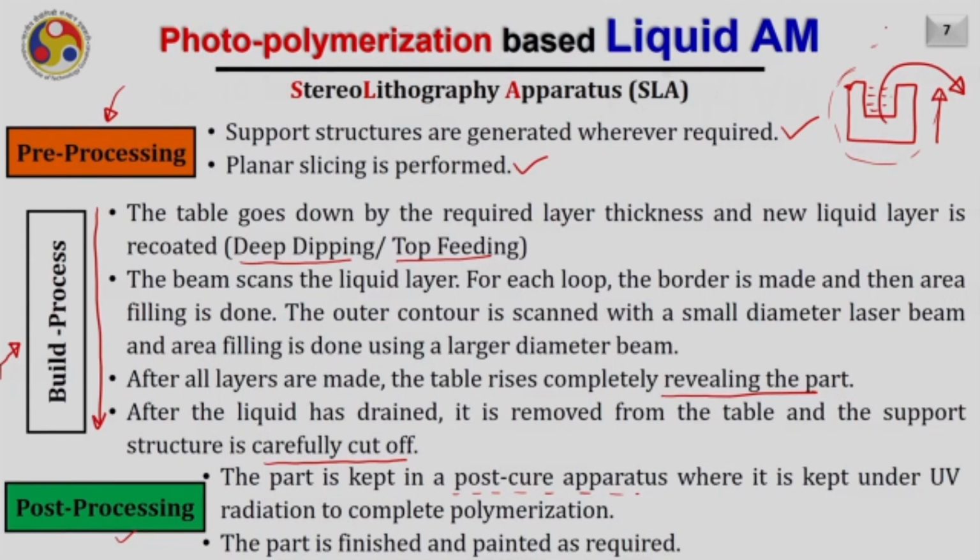As the laser beam is required to scan these areas, it is an expensive process. While after completion of the part, if you keep the entire part in an apparatus subjected to UV light radiation, then it can complete the photopolymerization and make the part quite hard. Then of course, if required, the part can be painted and finished further. So this is the general process for building the part by stereolithography apparatus.